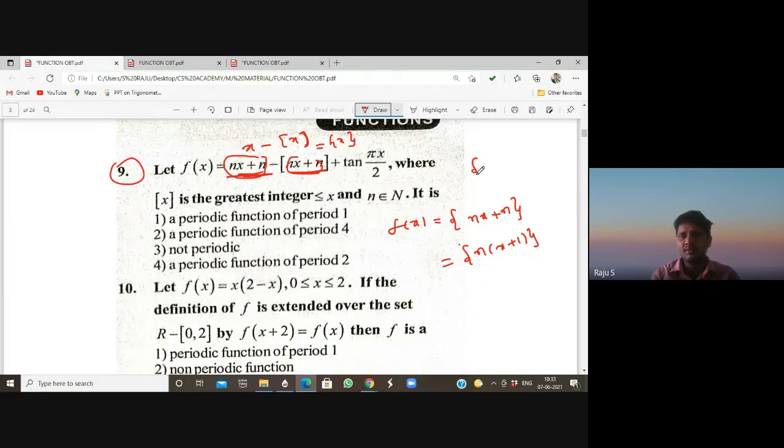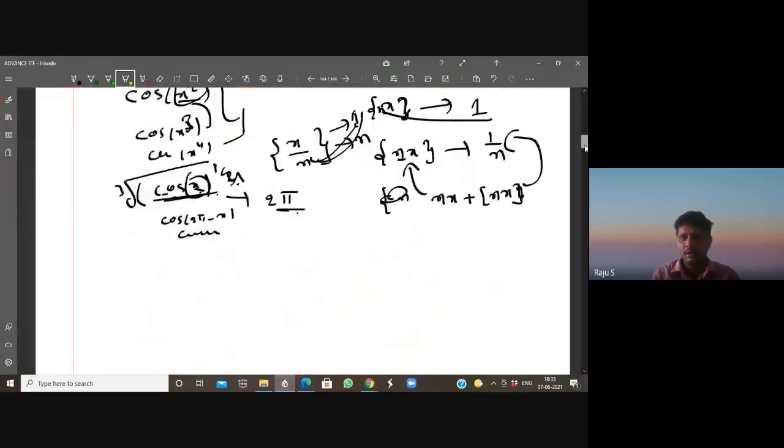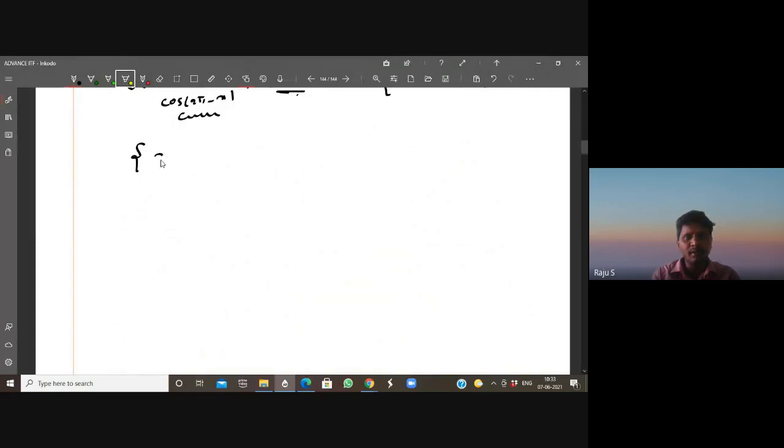See, for the fractional part, whatever you take, x becomes the variable here. Remember what I said, what is the period of the fractional part? Anyone? Period of the fractional part. 1.